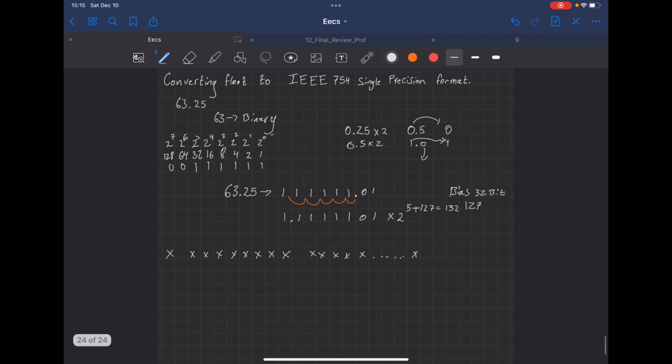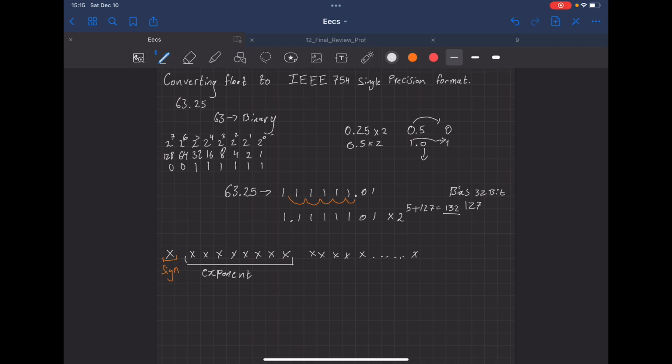Our first bit is the sign representation. The next bits are our exponent, and we get our exponent as 132. So you take the original one, you add the bias, and that's our exponent.